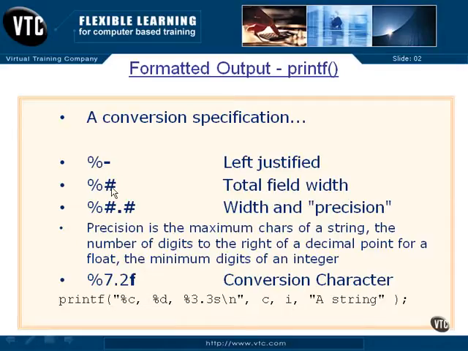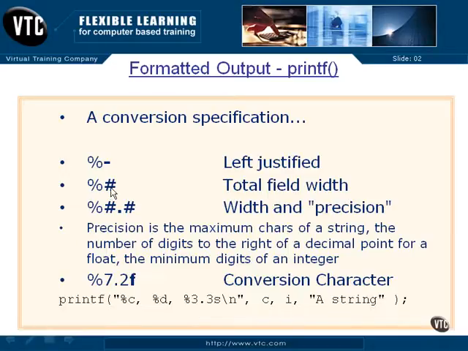Either way, the next character that could be here is a number. And I just have the little hash mark here to show you that this would be a number, 0 through 9, and actually even a larger number than that, because this is a total field width. This is how wide the field will be that this item over here will be printed in.